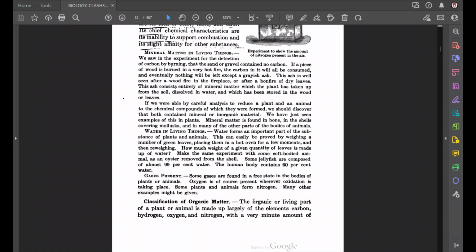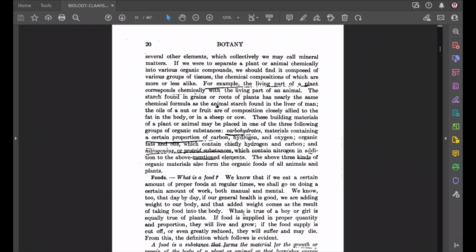Outside of those 4 main elements, a very minute amount of several other elements are found in organic bodies, which we call mineral matters. So carbon, hydrogen, oxygen, nitrogen, and mineral matters make up organic bodies.